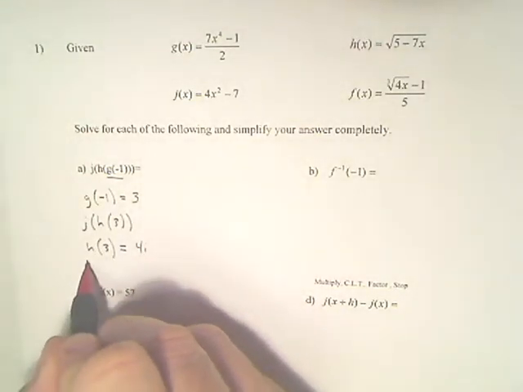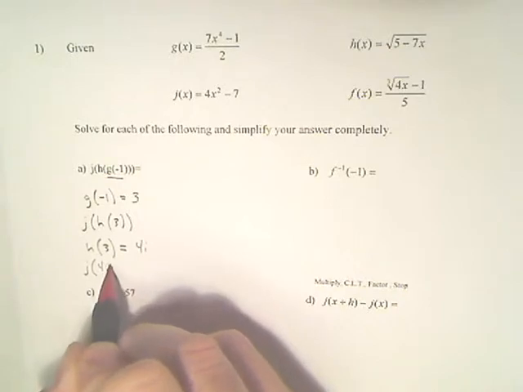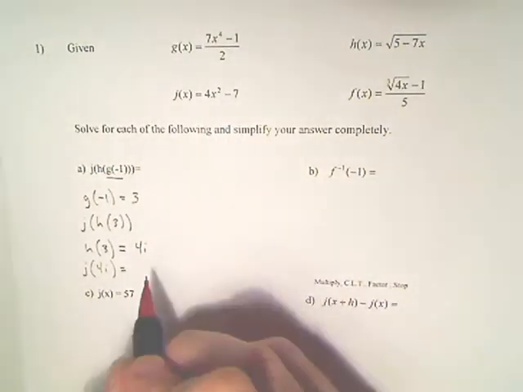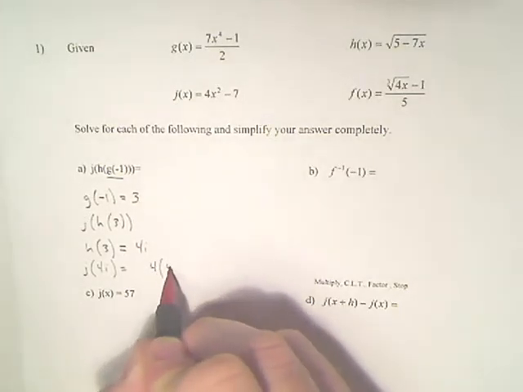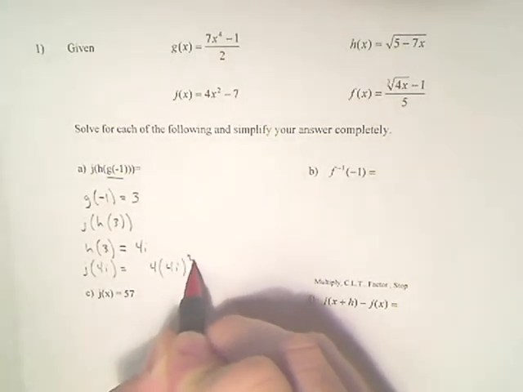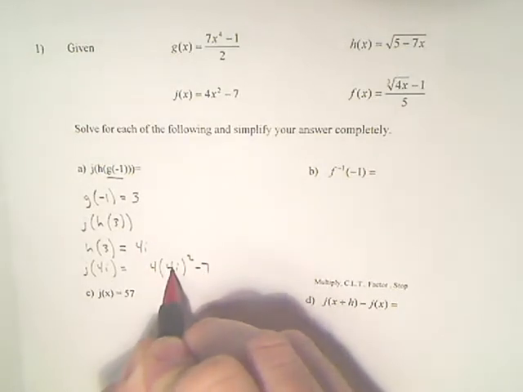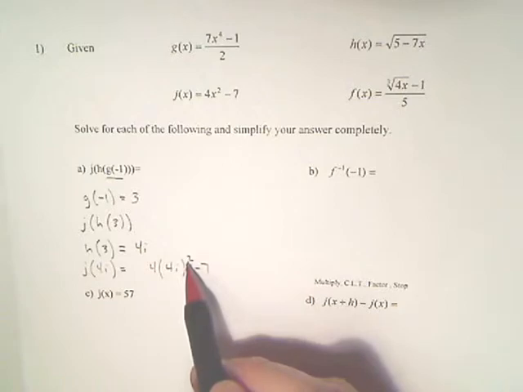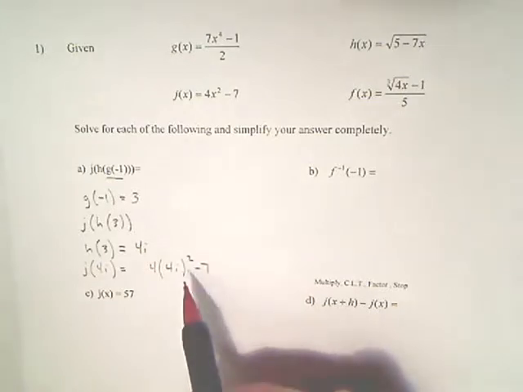Now we're left with j of 4i. Here's j. We plug in 4i right there. If we wrote that out, it would look like that. We do the squared first. So 4i times 4i is 16i squared.